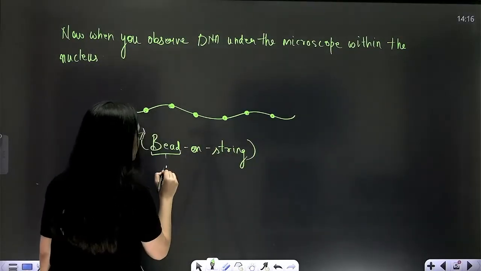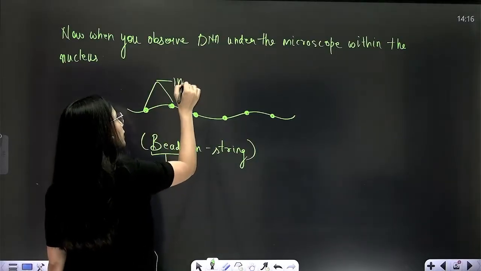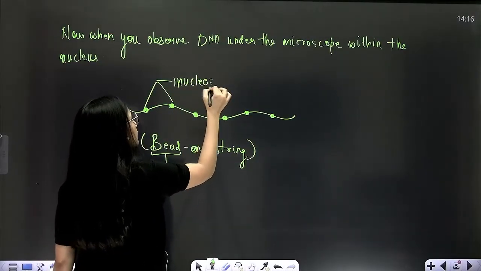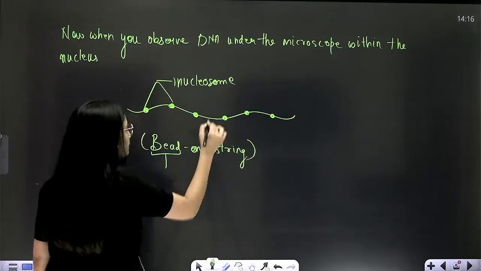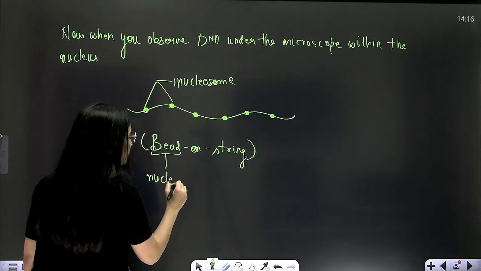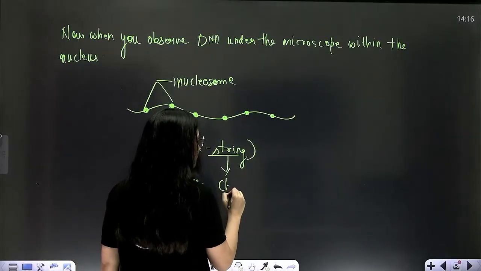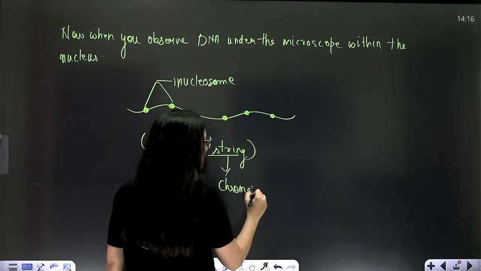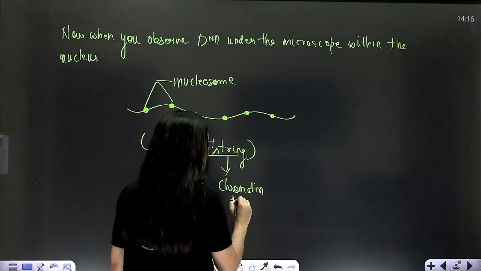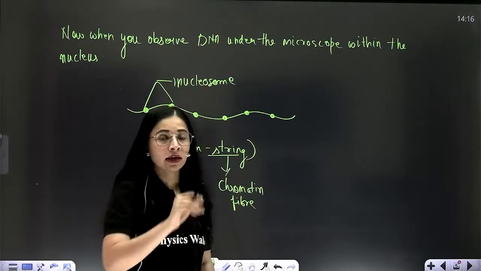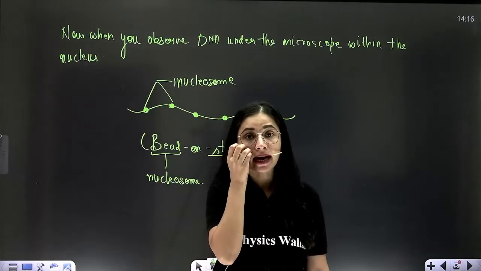Beads over here are the nucleosomes. And this complete string is actually the chromatin fiber. Right? The one which we usually draw, the thread-like structure made up of DNA, is chromatin fiber.